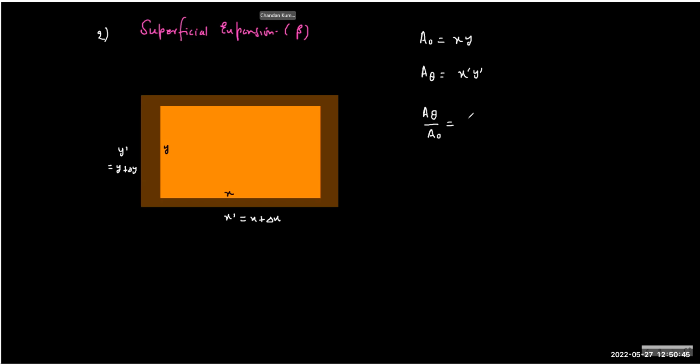A theta by A naught will be X dash Y dash upon XY. And now you can write it as X plus delta X into Y plus delta Y upon XY.